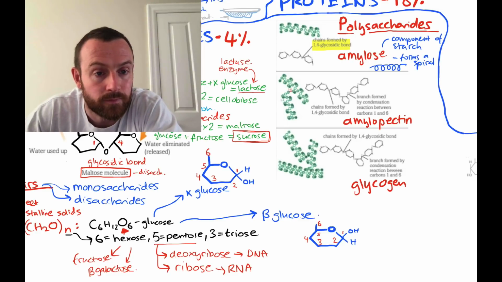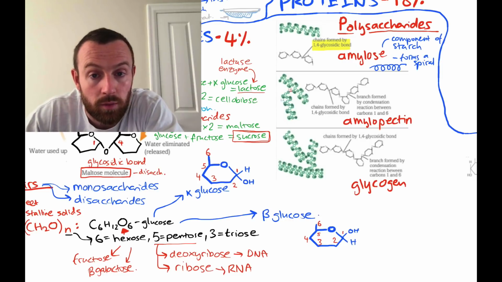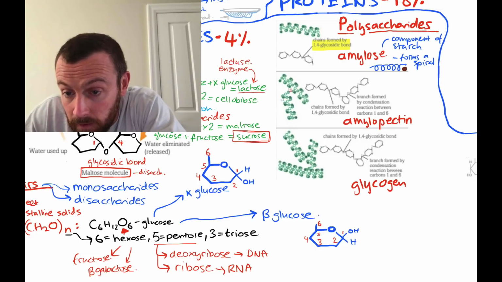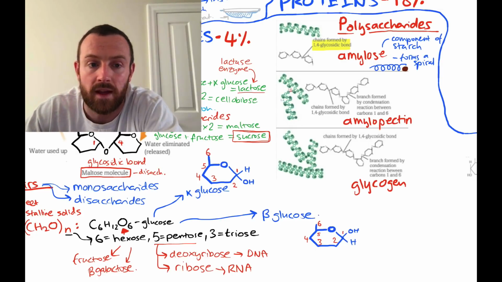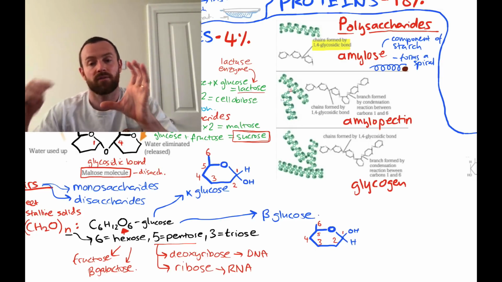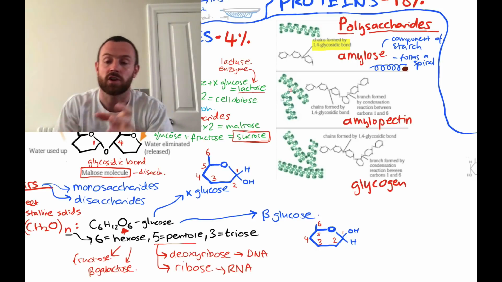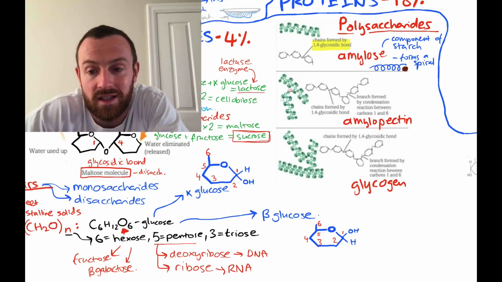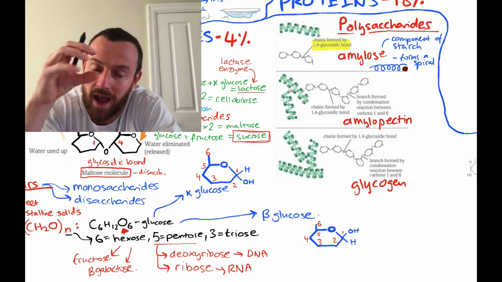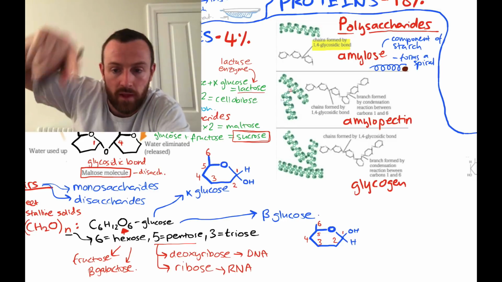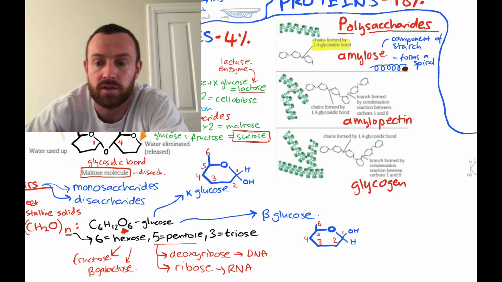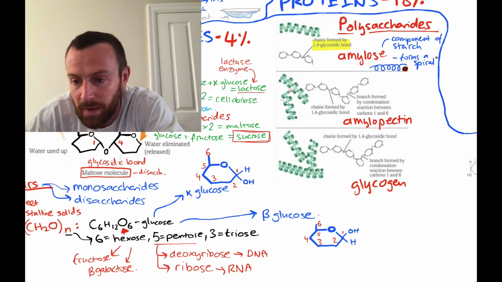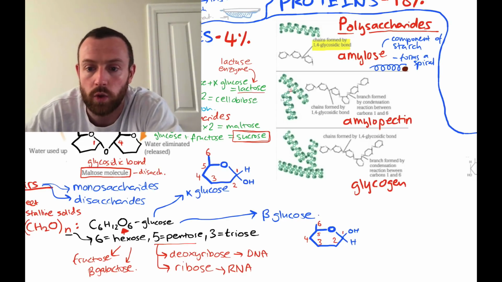Let's make it kind of brown blob. So iodine kind of actually fits in that spiral, and when it fits in that spiral, the iodine changes from brownish to bluish blackish. So that's why we use iodine to test for starch, because the atom of iodine actually fits within that coiled amylose chain. Haven't really got much space to write that, but maybe you should write that down on your mind map.